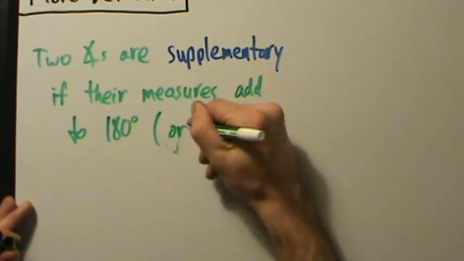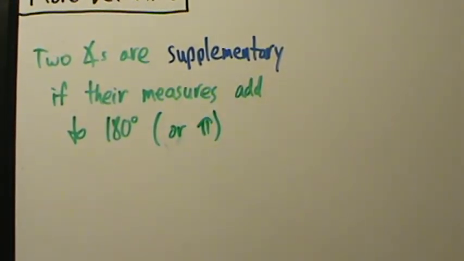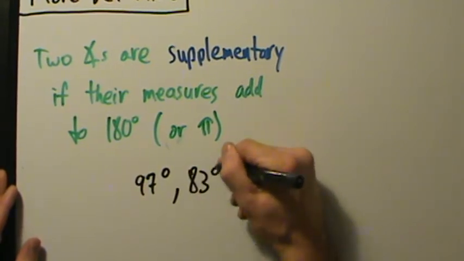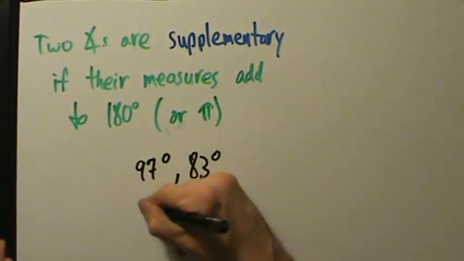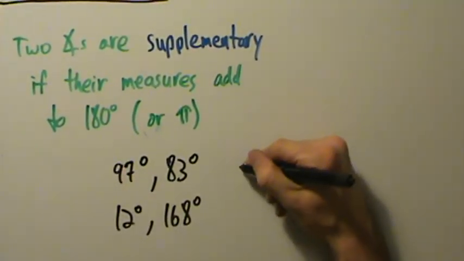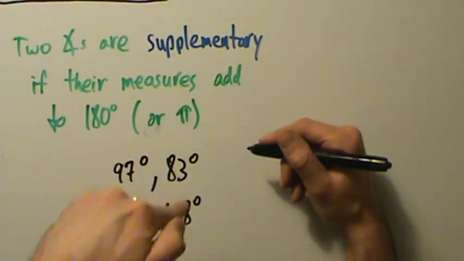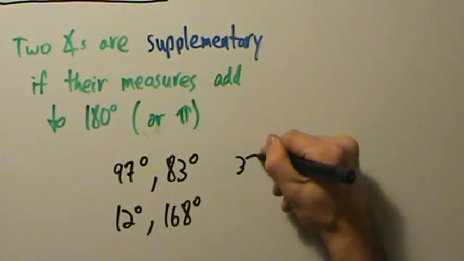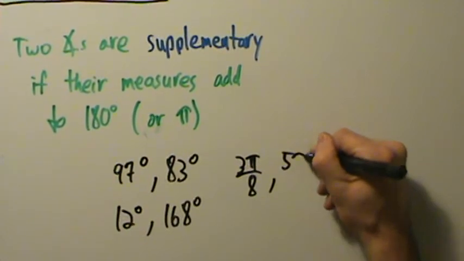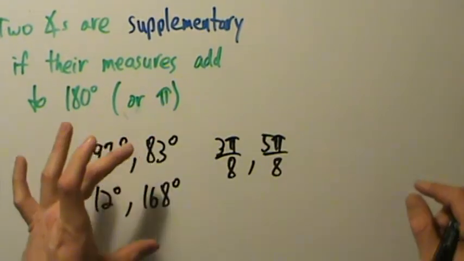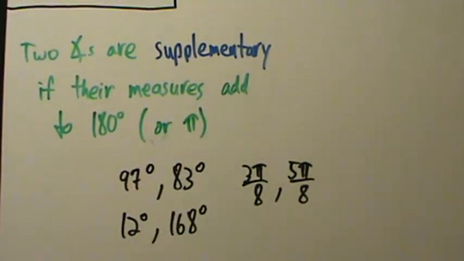Some examples of supplementary angles would be 97 degrees and 83 degrees, and 12 degrees and 168 degrees. If you add 97 and 83, you get 180. If you add 12 and 168, you get 180. If you add 3 pi over 8 and 5 pi over 8, what do you get? Well, 3 pi over 8 plus 5 pi over 8 is 8 pi over 8, which simplifies to pi. So that's pi radians.